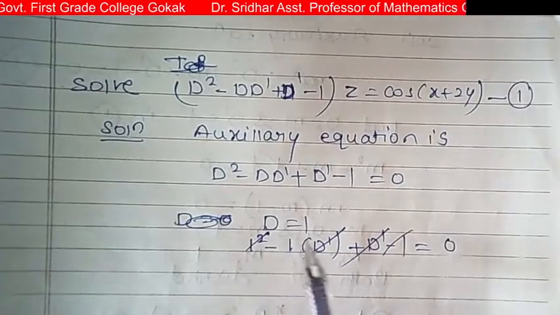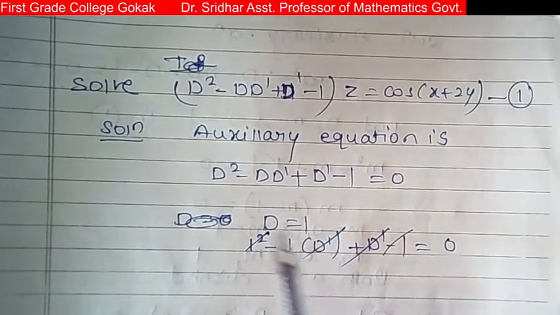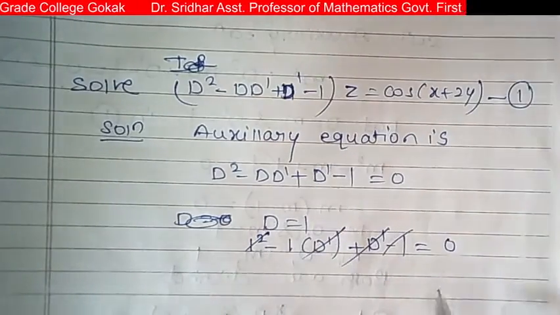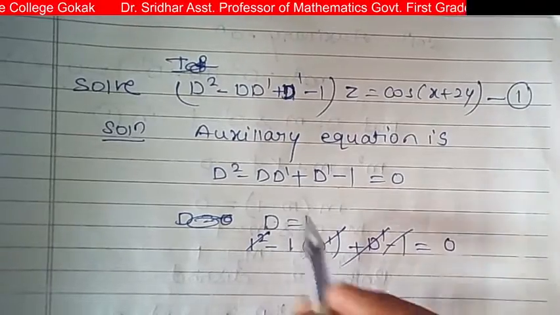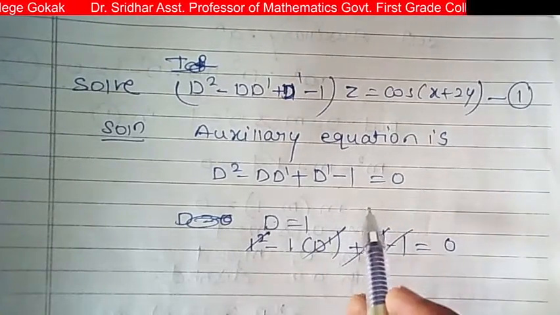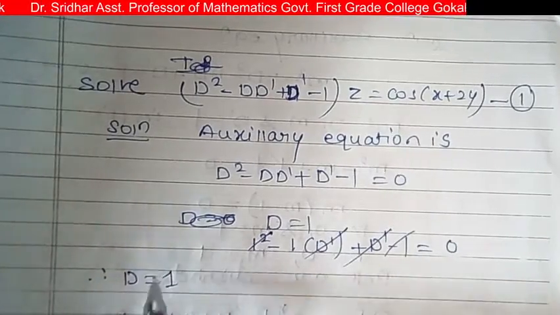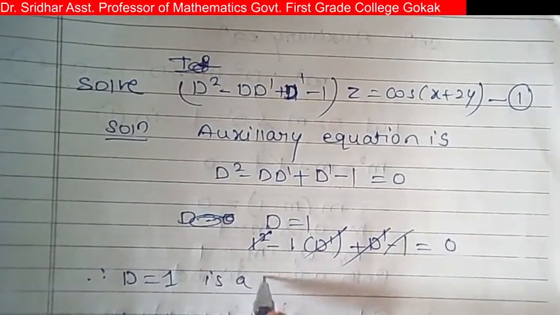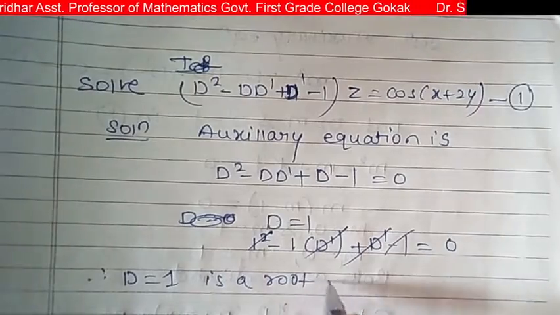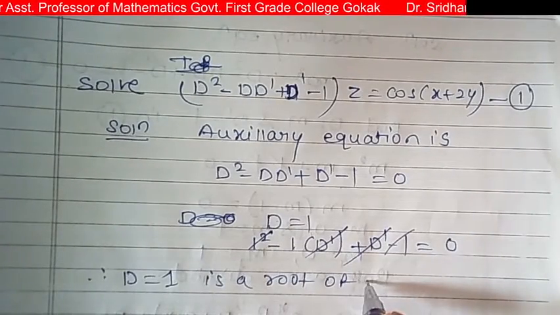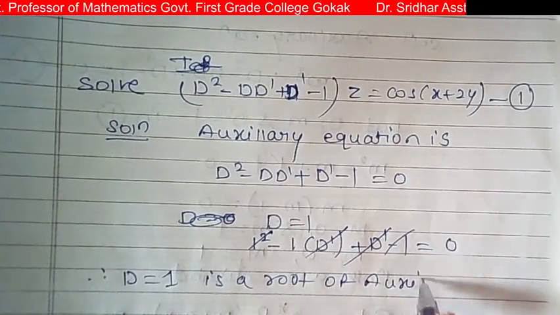So for D is equal to 1, this equation is satisfied. Therefore D is equal to 1 is one root of the auxiliary equation.